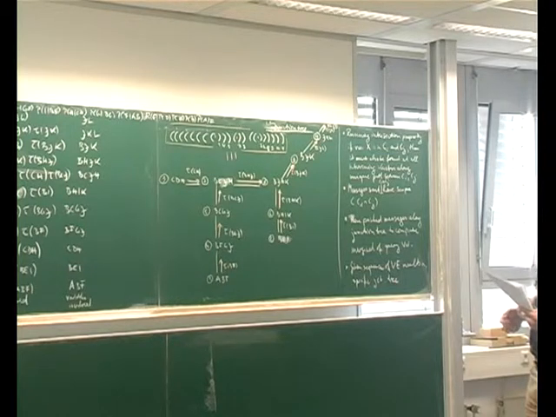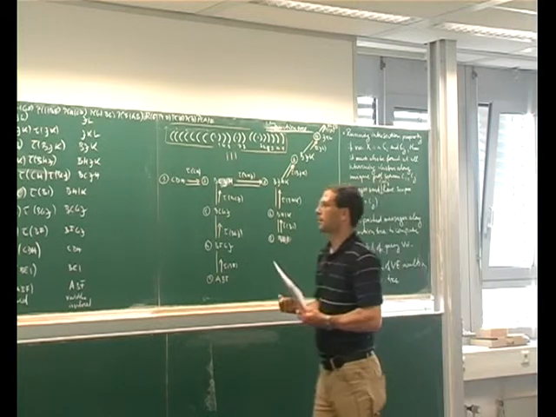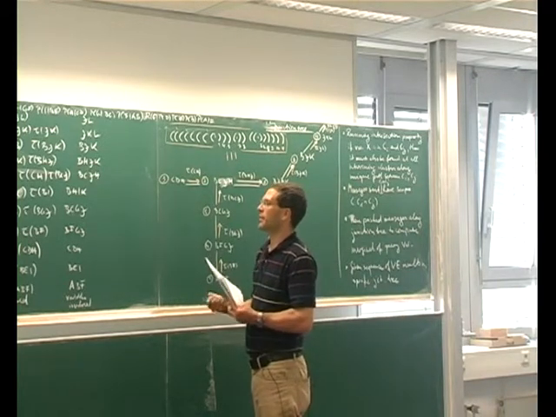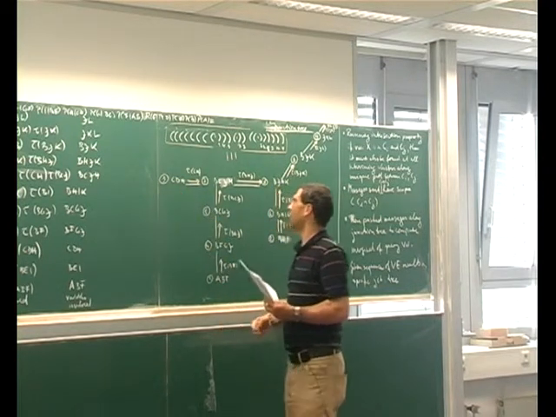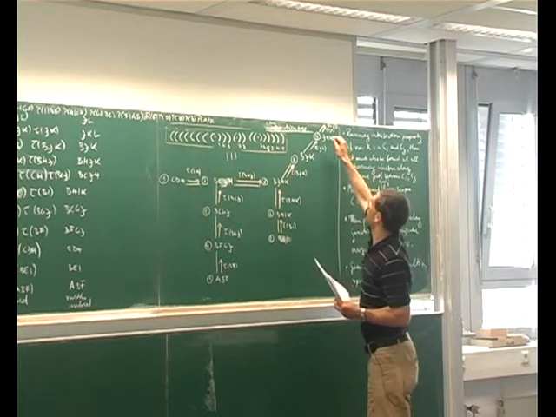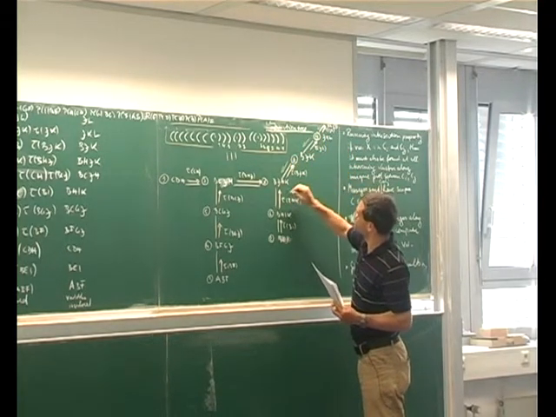So let me give you a concrete example. So let's say that we're interested in node number 3. I could now send messages the following way.